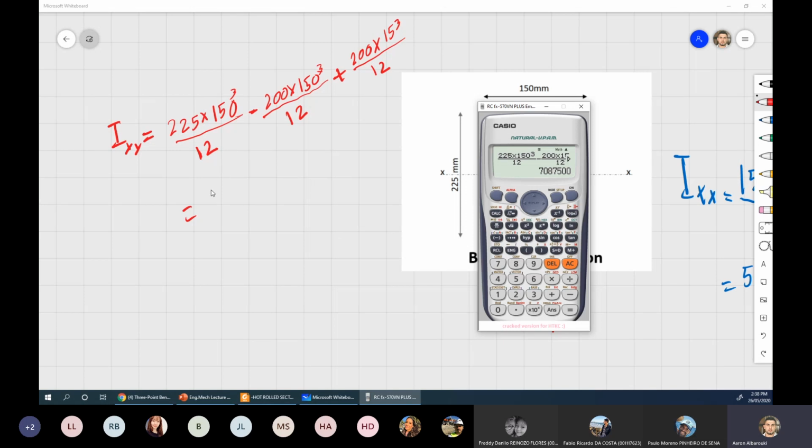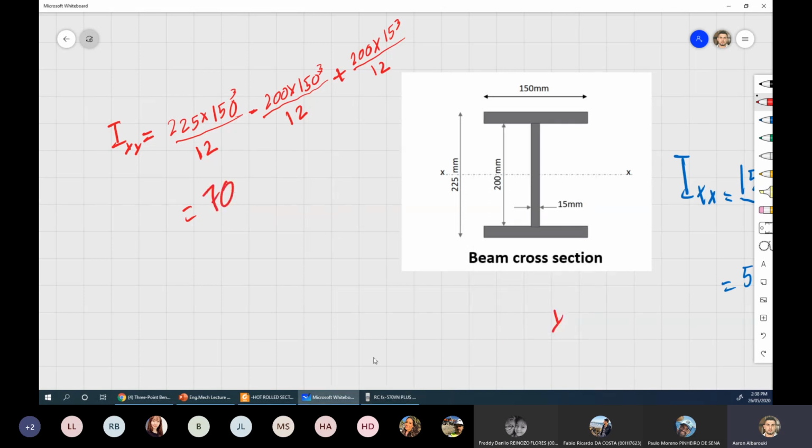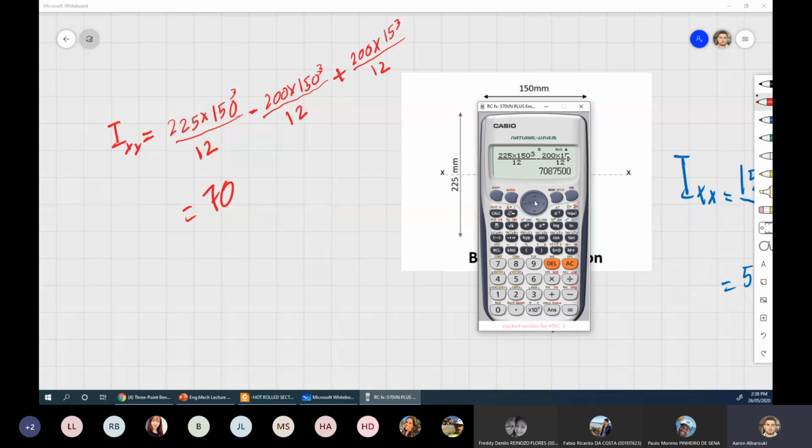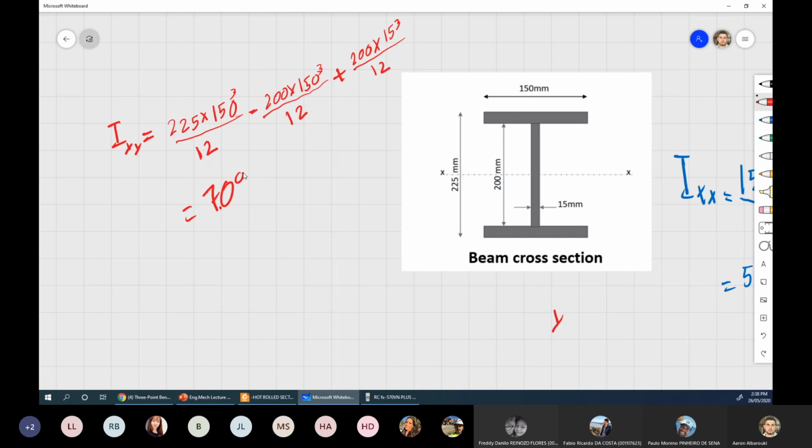Is that what you got? And one guy's calculated that. Yep, perfect. So 7.08 times 10 to the power of 6 millimeter to the power 4.